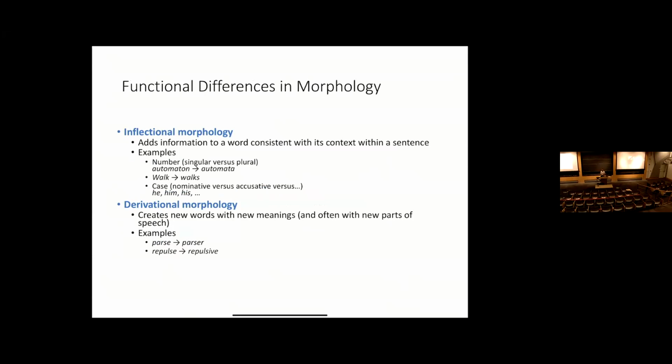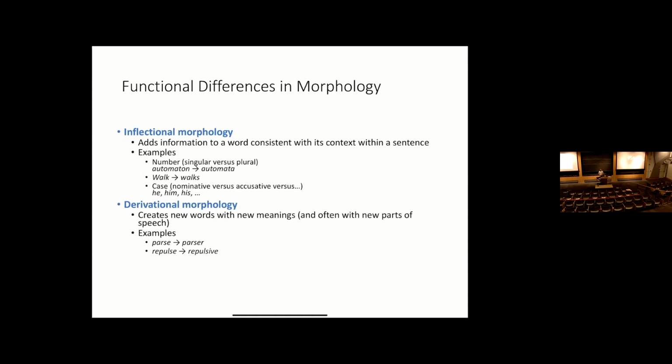So things like number, singular versus plural, or case, nominative versus accusative, or tense for a verb. Agreement in number, gender. These are all examples of inflectional morphology. They're all about where a word occurs and not about what a word means or what its part of speech is.